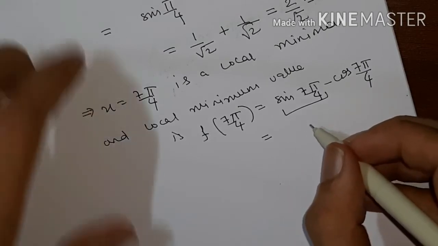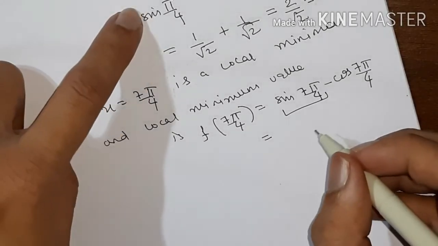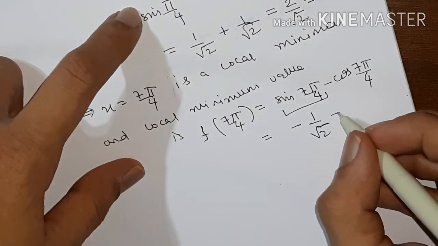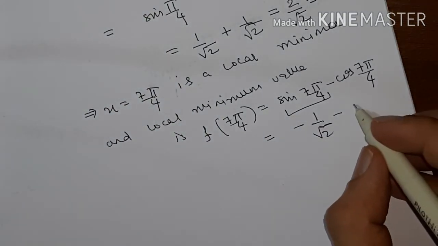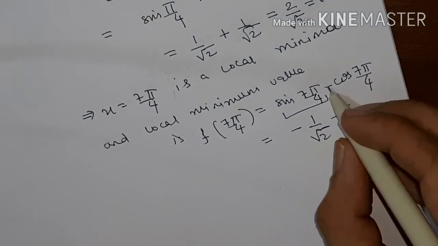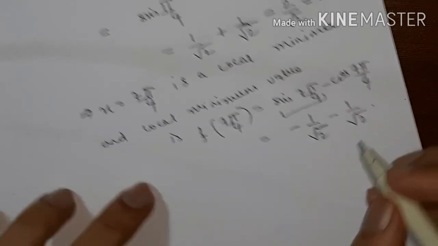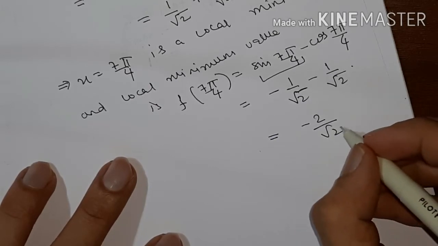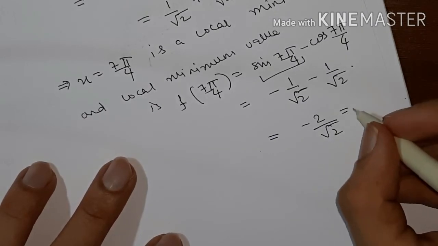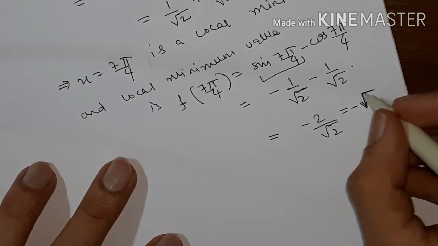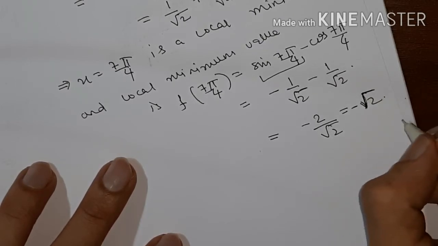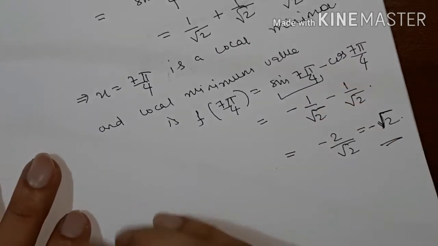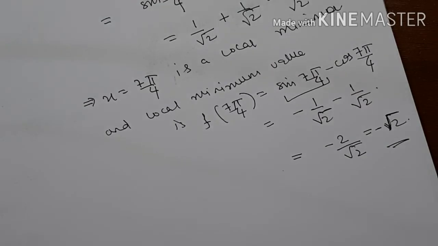Sine 7 pi by 4 we have already found out, that is minus 1 by root 2, and cos of 7 pi by 4 also we have found out, it is 1 by root 2, but the minus sign is there, so minus 1 by root 2. So that is minus 2 by root 2, which is nothing but minus root 2. That is the local minimum value. So that was the fourth problem.